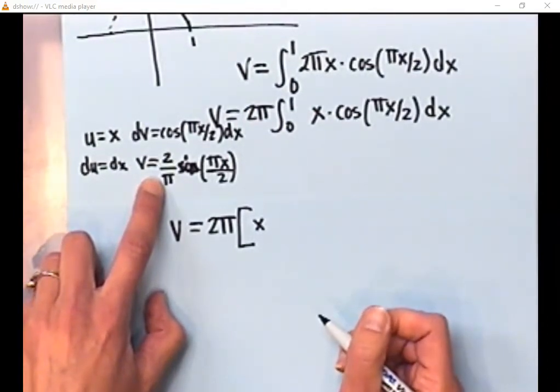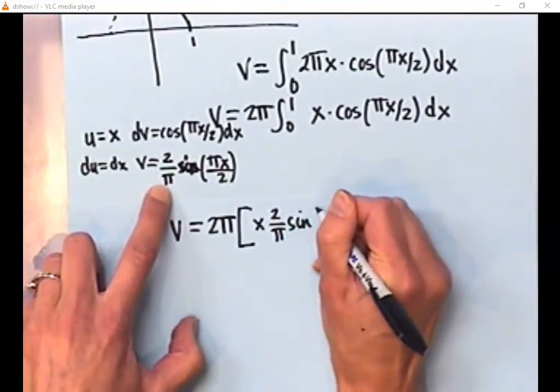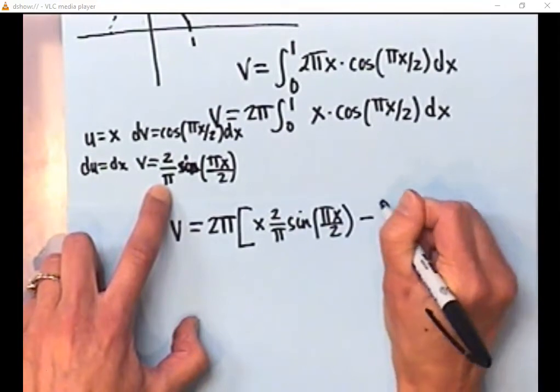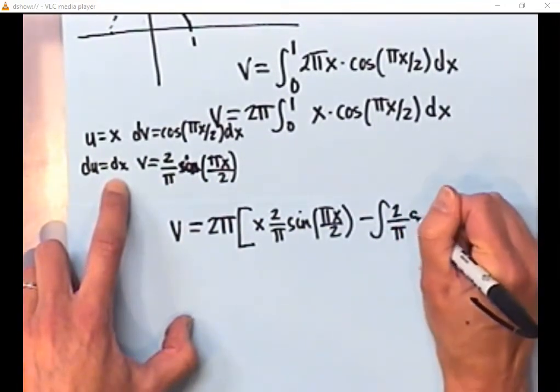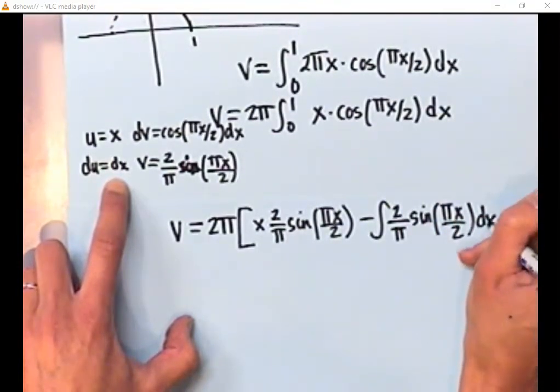So uv will be x times 2 over pi sine of pi x over 2, that's awkward to say, and then minus the integral of v du, which is 2 over pi sine of pi x over 2 dx.